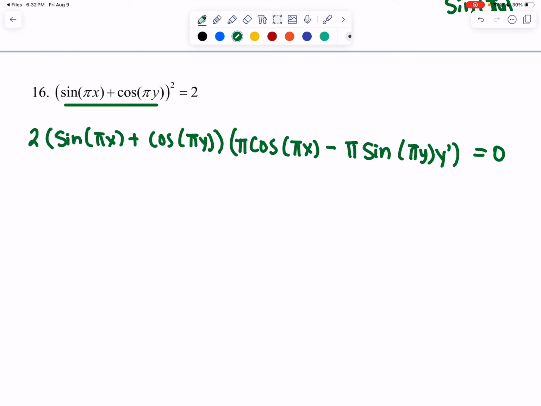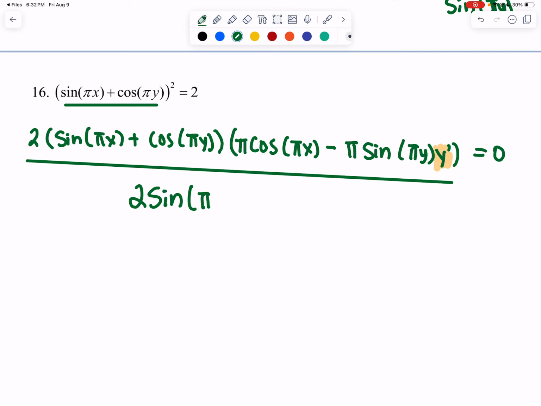Here's the thing though, if I were to isolate y prime, since all of this is a product, I'm going to divide everything by 2 sine pi x plus cosine pi y. And since it's being divided by 0, it's just going to cancel out.